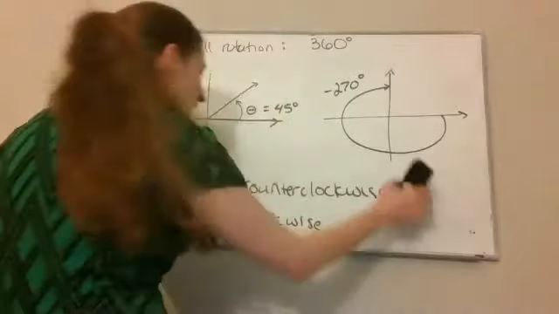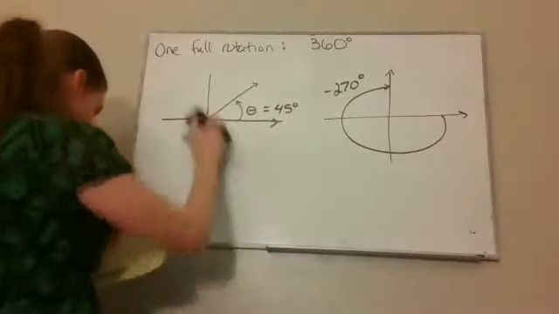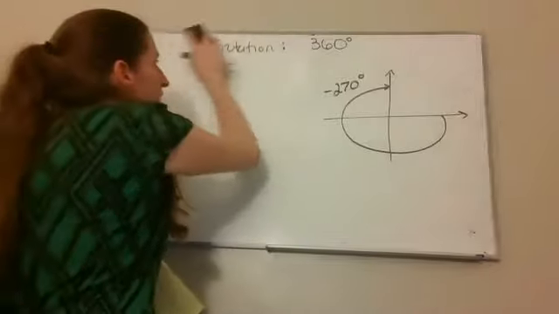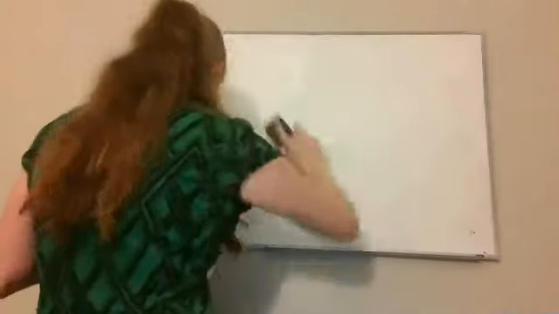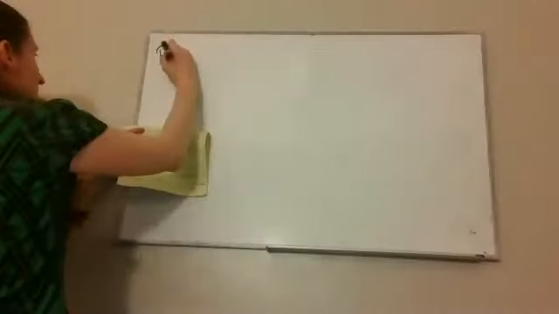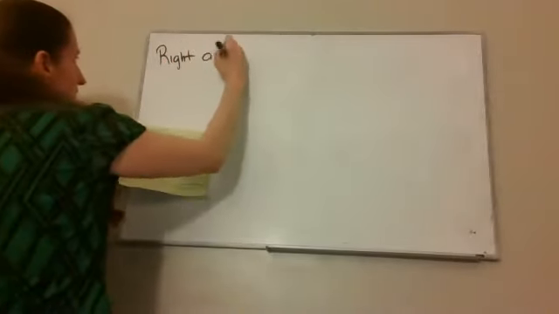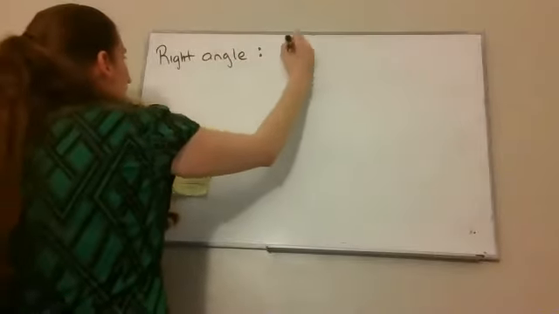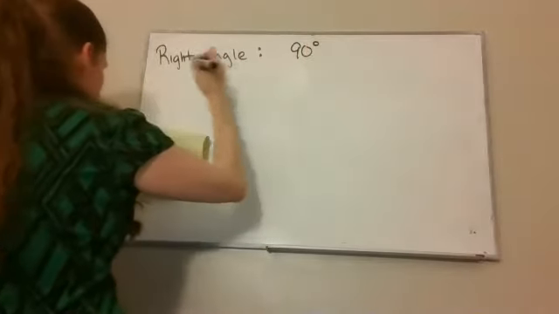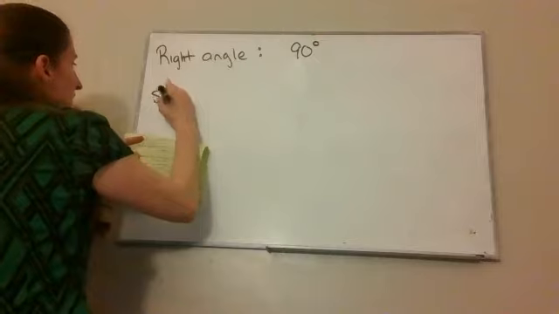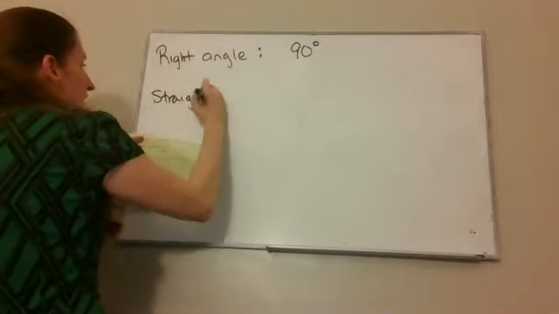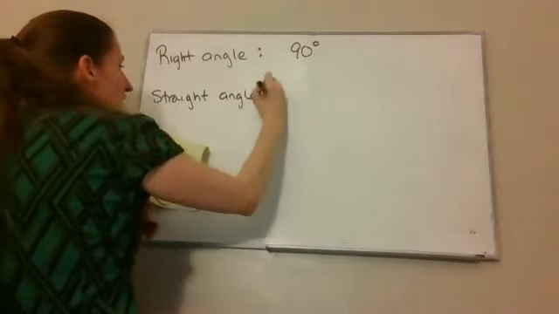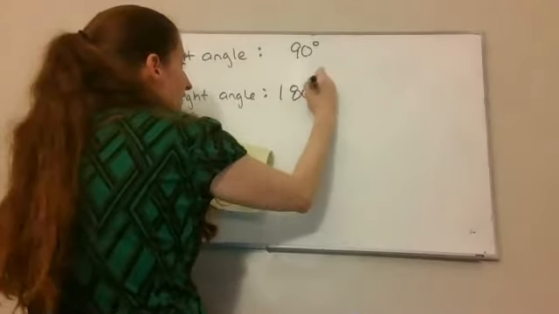Now, some special angles that we talk about sometimes are right angles, straight angles, acute angles, and obtuse angles. A right angle is 90 degrees. A straight angle is 180 degrees.